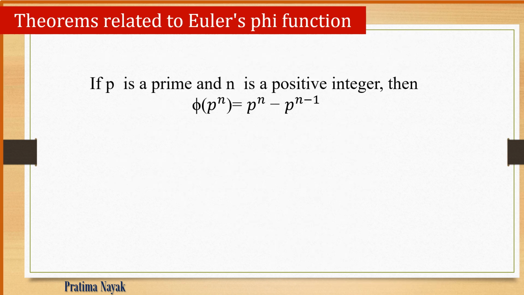Next is, if P is a prime and n is a positive integer, then phi of P power n equals P power n minus P power n minus 1. So phi of 2 to the power 5 can be written as 2 to the power 5 minus 2 to the power 4.